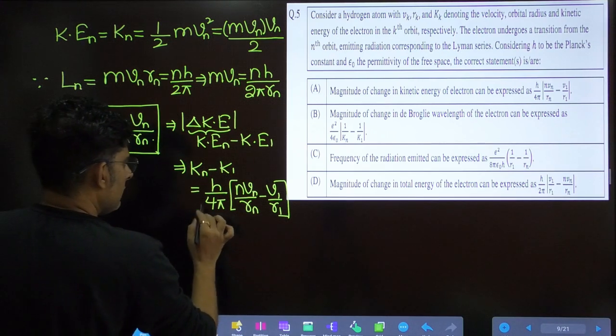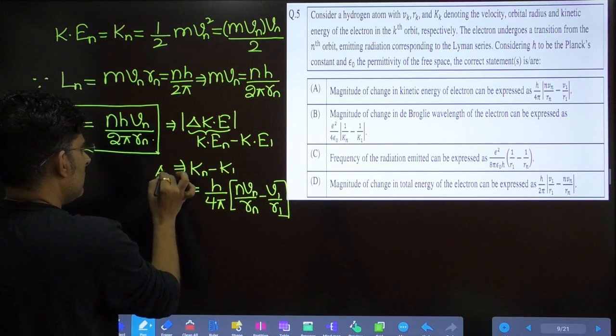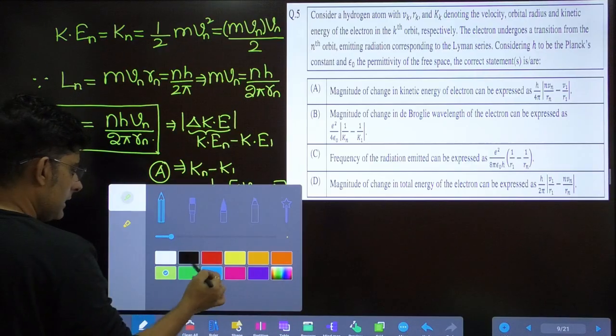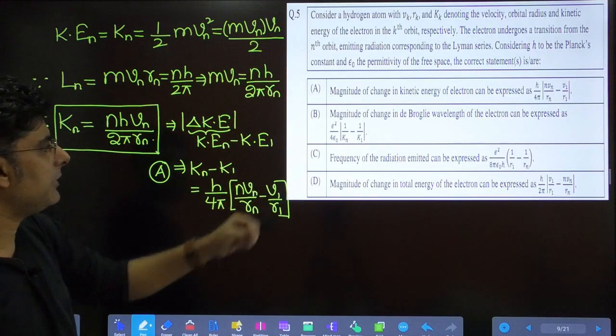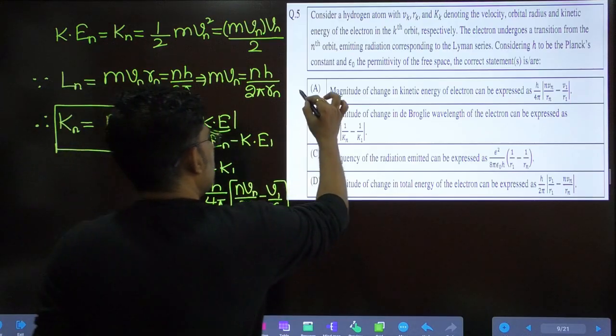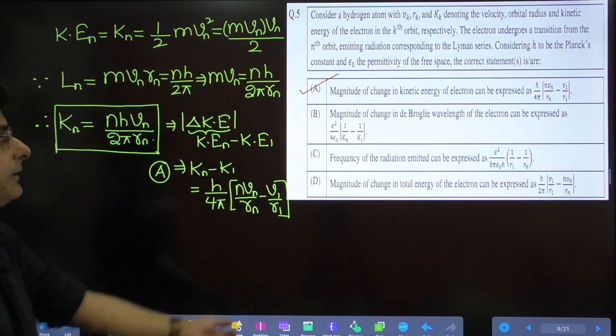So from here we can see option A, which they asked us to check, h by 4 pi n, Vn by Rn minus V1 by R1. This is same as given. So yes, option A is correct.